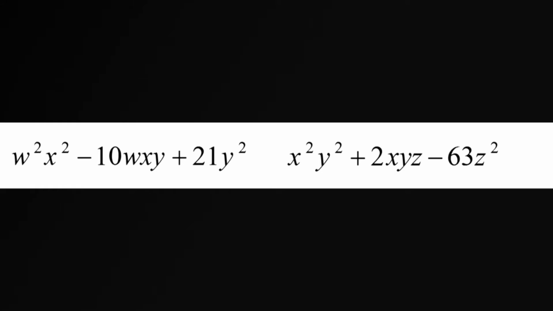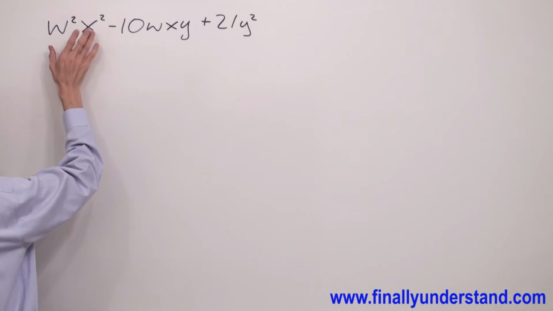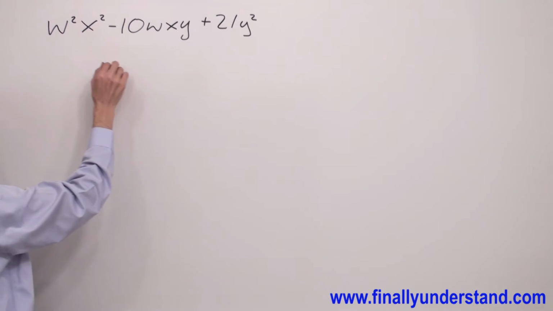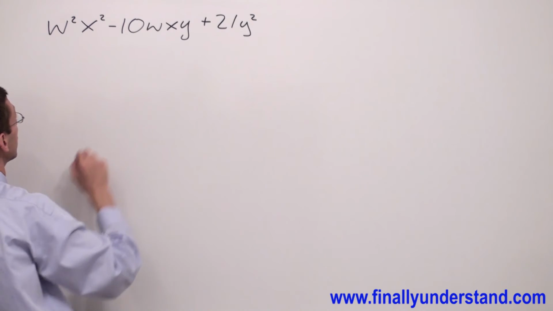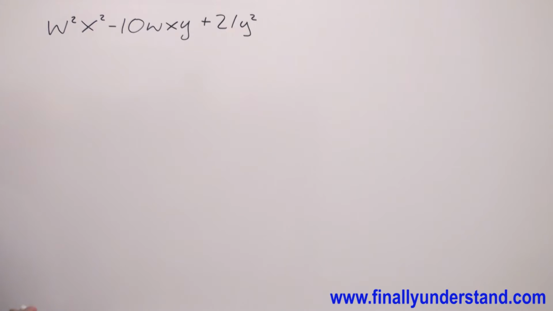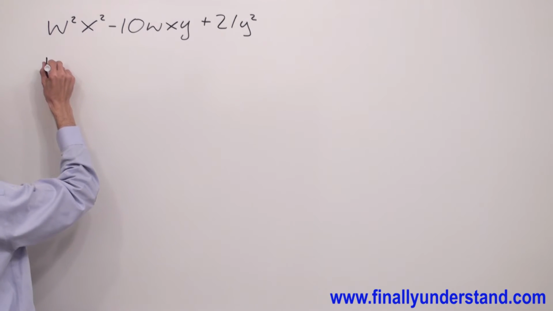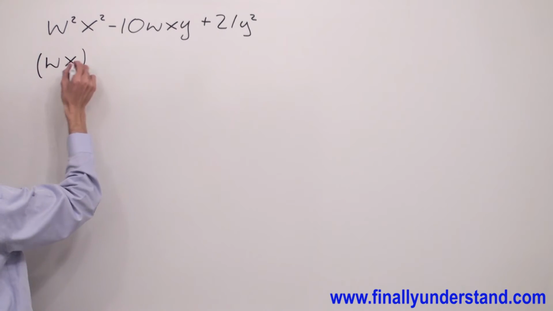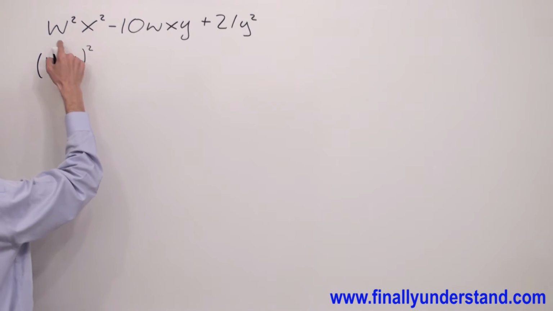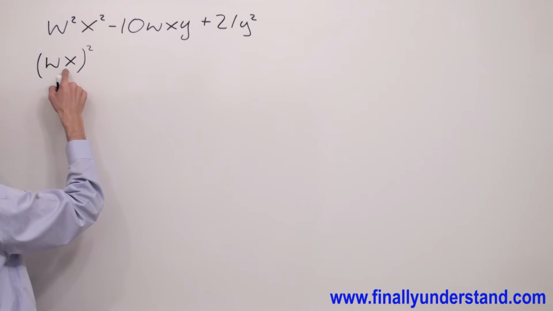Let's take a look at the first example. This time I have w squared and x squared in the first term, and I have also wx in the second term. So I'm going to use the properties of exponents, and I'm going to rewrite w squared x squared as wx squared.